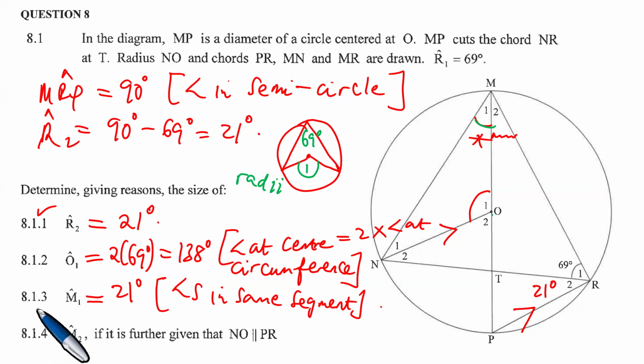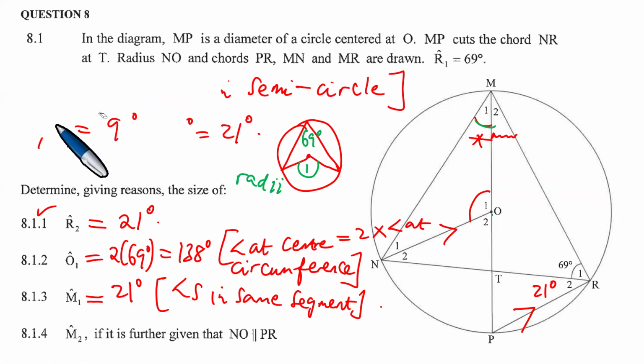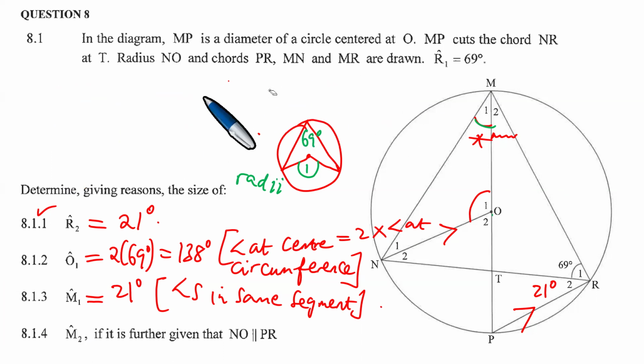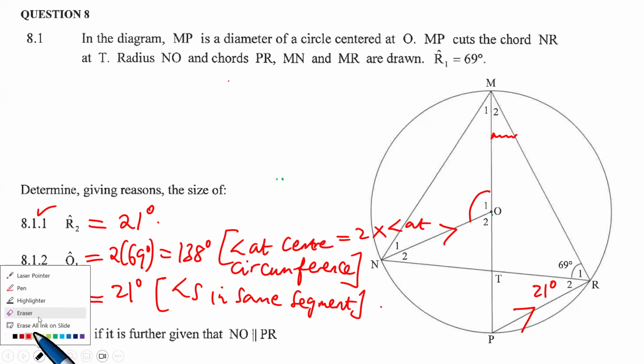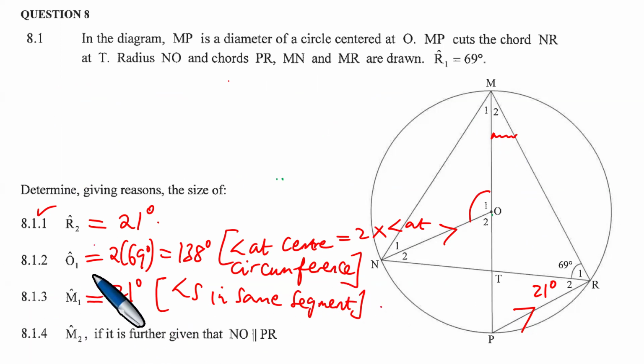Let's dissect this together. Let me create a bit more space here. I want us to show the steps on how to find the size of the angle M2. I remove all this stuff. We want to find the size of the angle M2. But it helps to put the other angles: the O1 is 138 degrees. The angle M1 is 21 degrees.